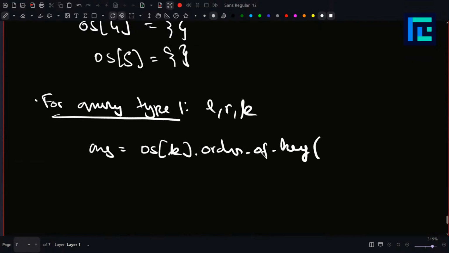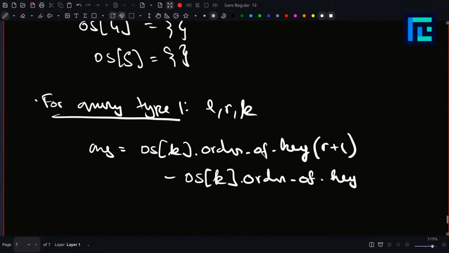It gives you the number of elements less than the specific key. Sorry, not less than or equal to, less than the specific key. So that's why we're doing R plus 1. So all the elements up to R minus all the elements less than L. Okay. So this is how we use ordered set to solve the problem.